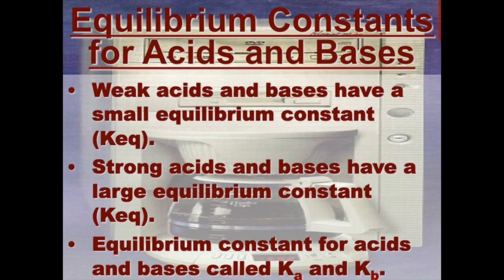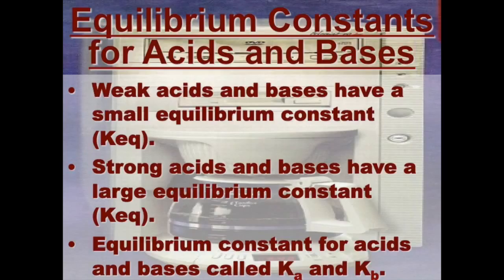Alright, next we have equilibrium constants for acids and bases. It's basically like the concentration of our acid and our base. So weak acids and weak bases have a small equilibrium constant, which is signaled by a capital K and a subscript EQ.